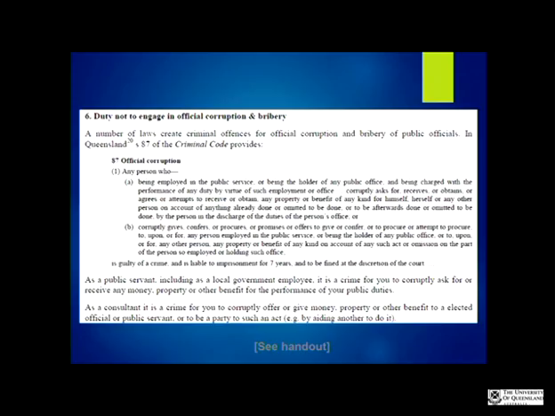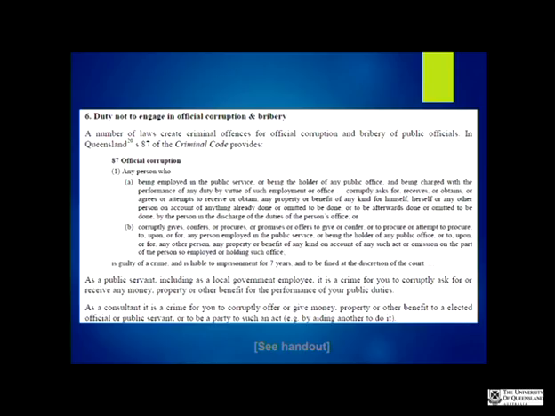of the court. And then there's a separate offence for someone who corruptly gives, confers, procures or promises or offers to give any persons employed in the public service any property or benefit of any kind on account of an act or omission on the part of the person employed or holding an office.